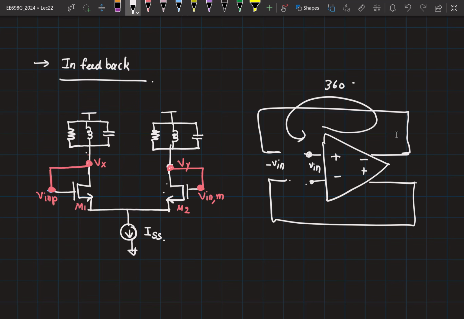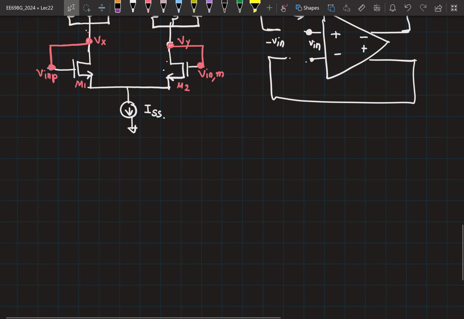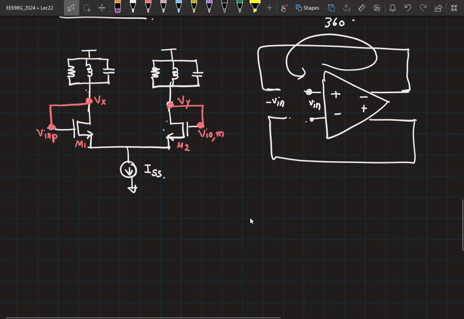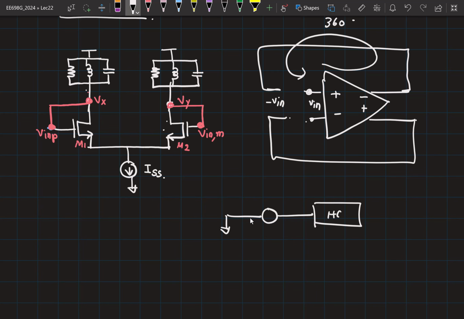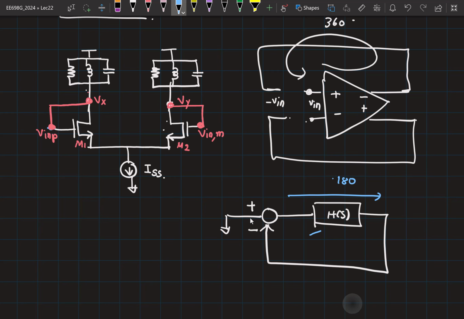Therefore this cannot oscillate. Now in the overall loop, you need positive feedback, 360 degrees. If I consider a loop like this it has to give me 180 degrees and the overall loop has to give me 360 degrees.